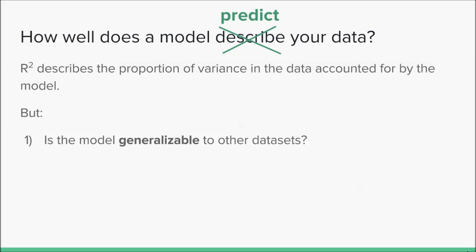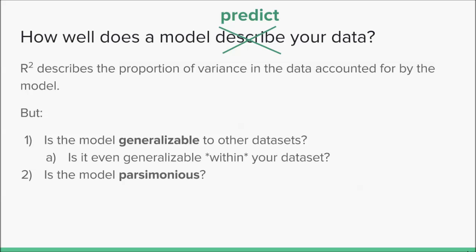Like we were talking about with the p-values, that's really a central part of some of these questions that you're asking. And the first thing to start with is to figure out whether your model is generalizable even within your data set. So can it even predict your own data? And we'll talk about how to do that in just a second.